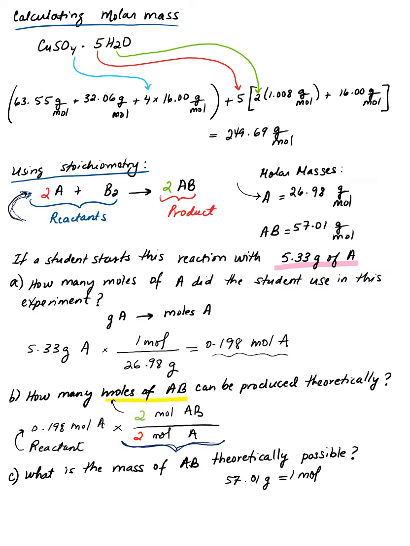So for every 2 moles of A that you're using in your reaction, you're getting 2 moles of AB. So now your moles of A are canceling out with moles of A. Whatever amount you're getting will be moles of AB.